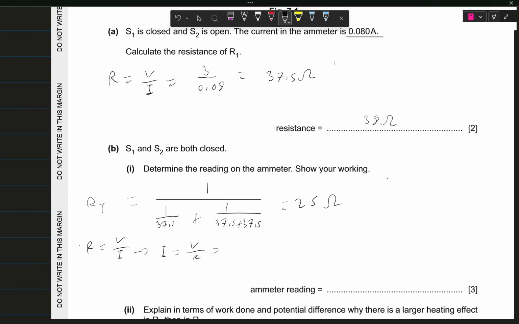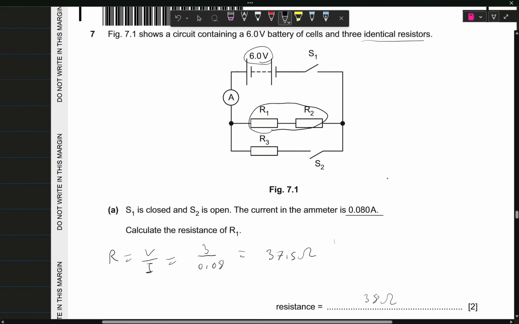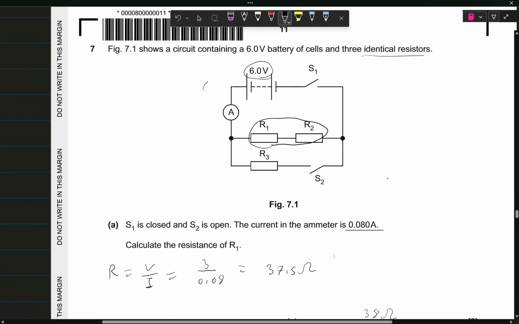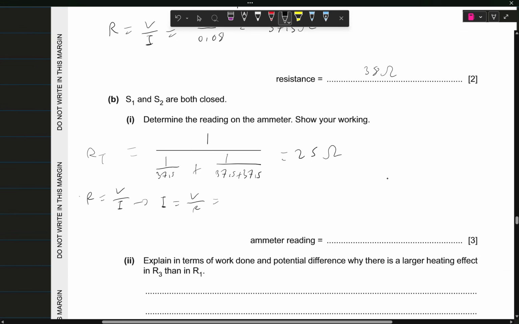So that means that if we want to combine everything, then here we have a 6 volt supply. So 6 over 25. Now you want to calculate that. So that will be 0.24. So the ammeter reading will be 0.24. That's the way.